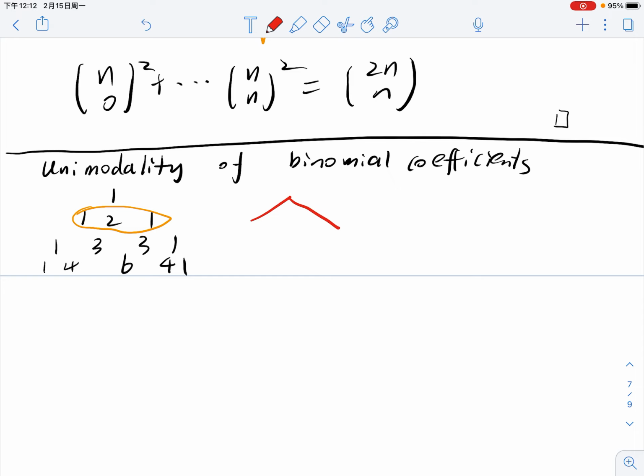And if you count how many peaks you have, when n is even, you only have one peak, for example here. And when n is odd, you have two peaks. Okay.